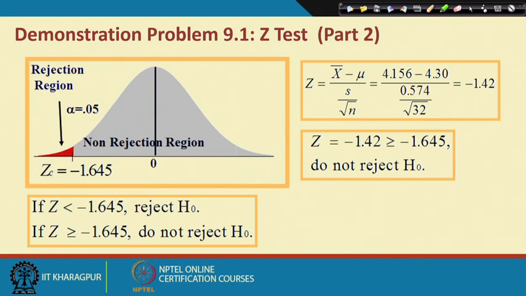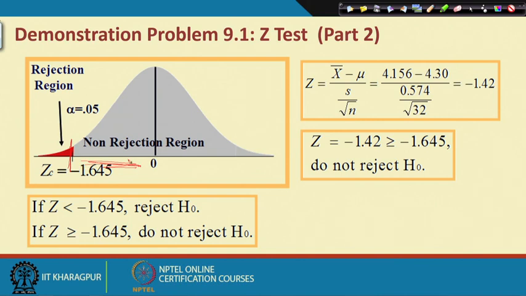As a result your z calculated will be minus 1.42, and if you compare this minus 1.42 with the critical zone minus 1.645, your minus 1.42 is coming on this side.